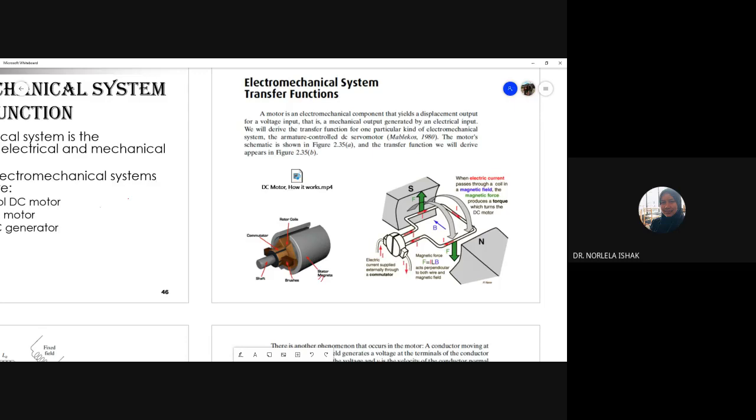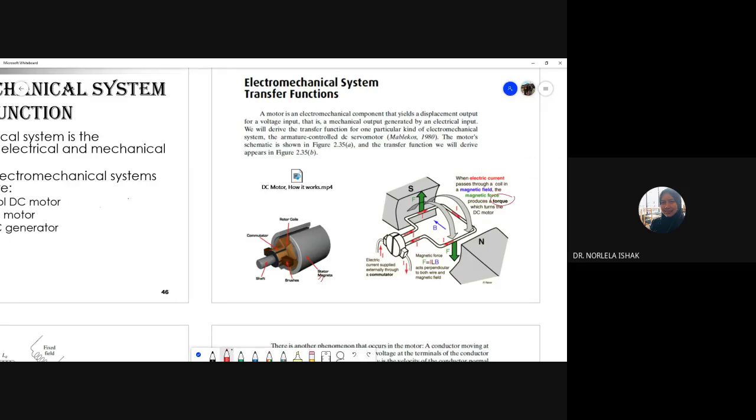So from this figure, when electrical current passes through a coil in a magnetic field, the magnetic force produces a torque which turns the DC motor. From here we will get one piece of information.